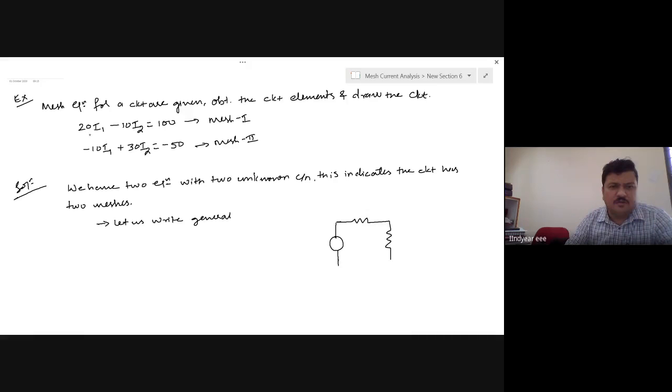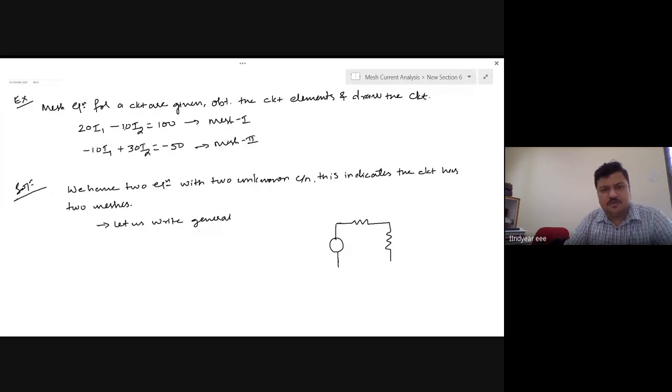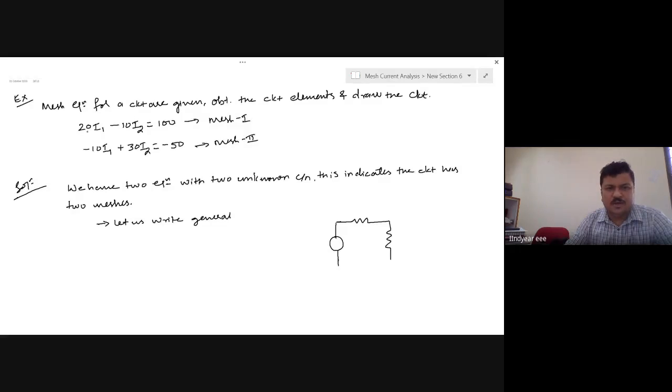Because the coefficients of I1 and I2 are different, and the coefficient of I1 is greater than that of I2, it means that there is one more element through which current I1 is flowing. I told you that the coefficients in these equations are nothing but the resistors or the passive elements.